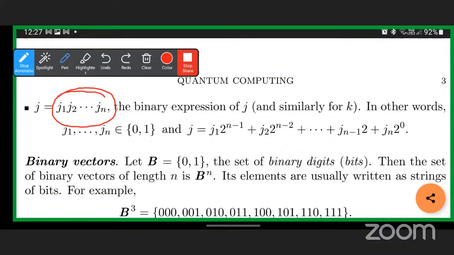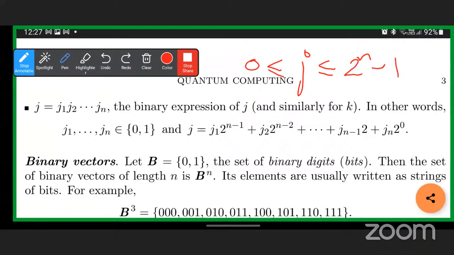If I represent J as a bit string of length n, then this J can take values from 0 to 2 raised to n minus 1. 0 is less than or equal to J is less than or equal to 2 raised to n minus 1. I think anybody can understand this.